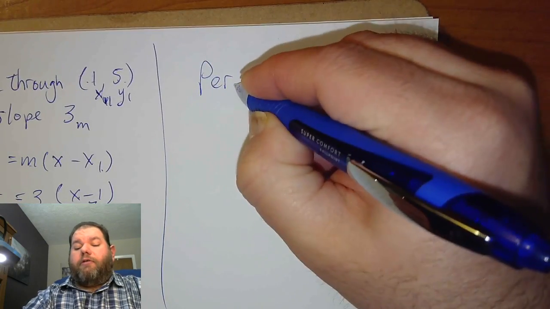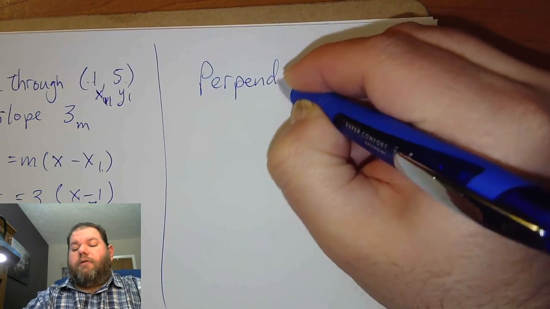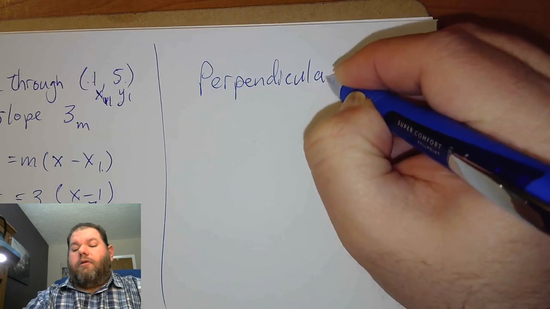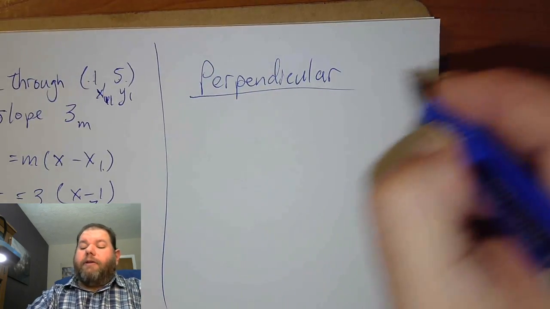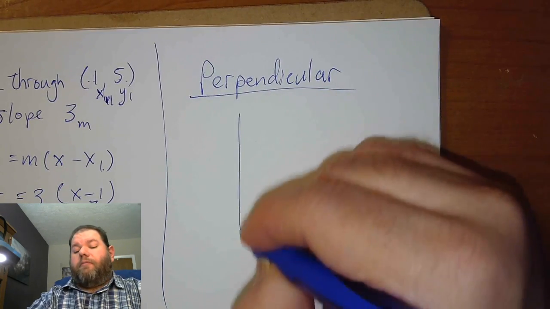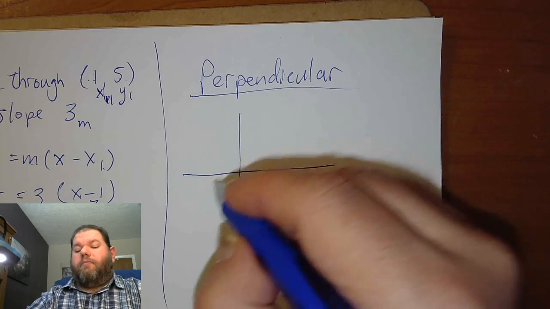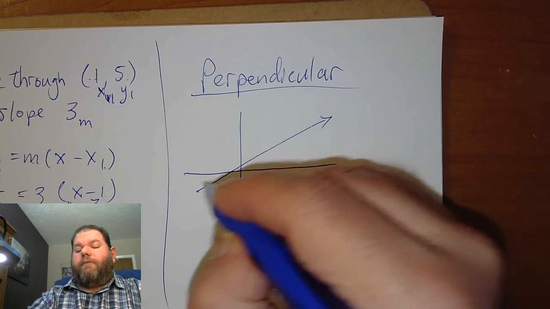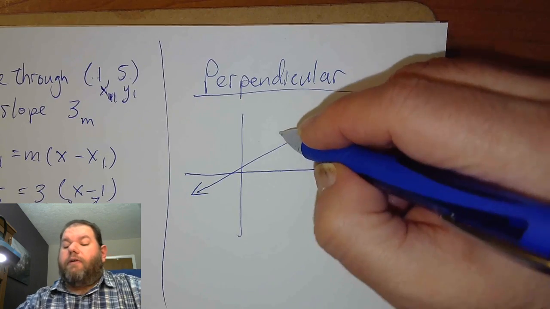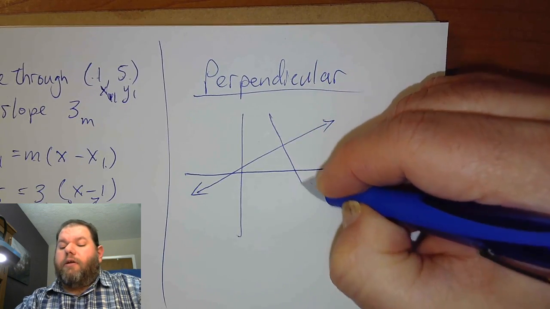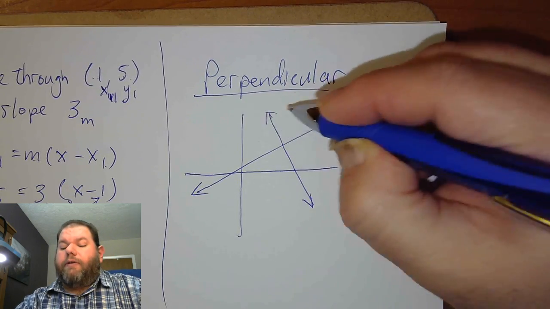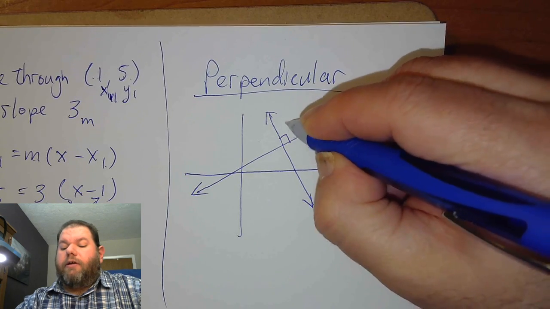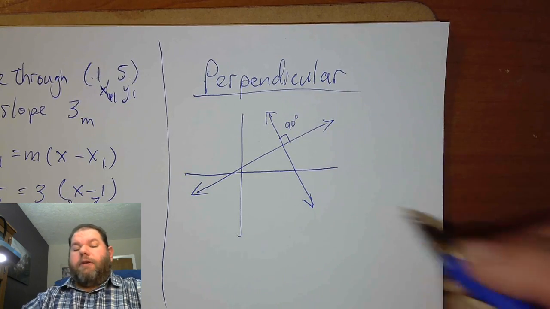Now, perpendicular lines. Perpendicular means that they meet at a right angle. So we might have one line that looks like this, and then another line that looks like this, and then this is a 90-degree angle that they meet at.